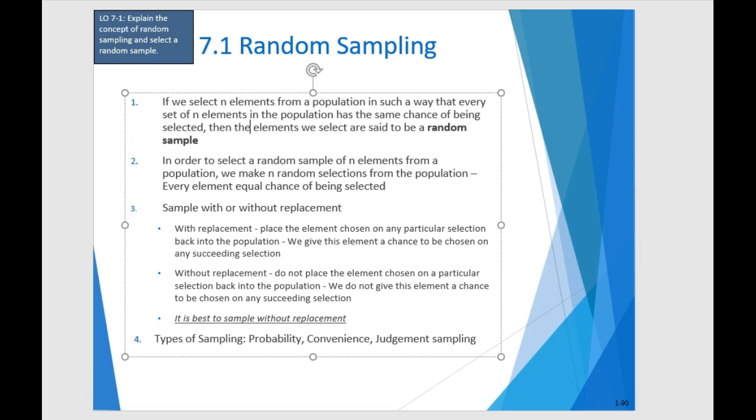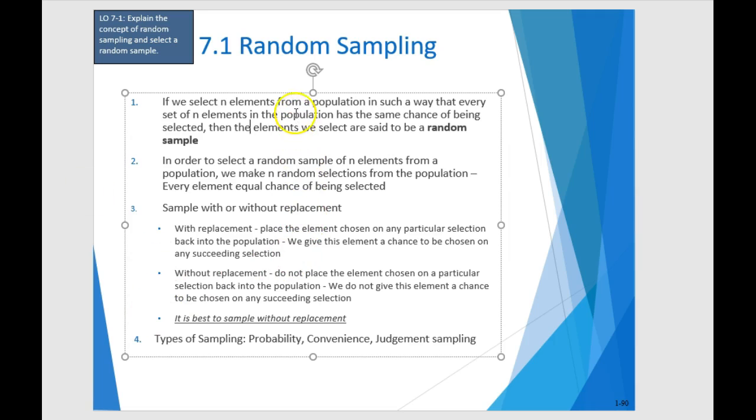So we're selecting a number of elements from a population, and as long as each element has the same probability of being selected, or the same likelihood of being selected, we call that a random sample. In order to select a random sample of n elements from a population, we make n random selections from the population, every element with equal chance of being selected. Yeah, that's kind of what I said.